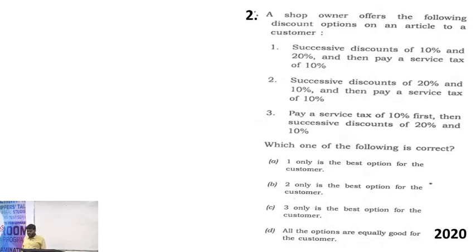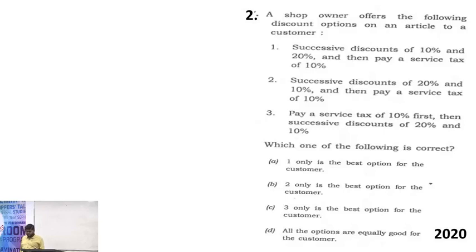A shop owner offers the following discount options on an article to a customer. The first one is successive discount of 10%, then 20%, and pay a service tax of 10%. Then second, successive discount of 20% and 10%, and then pay a service tax of 10%.